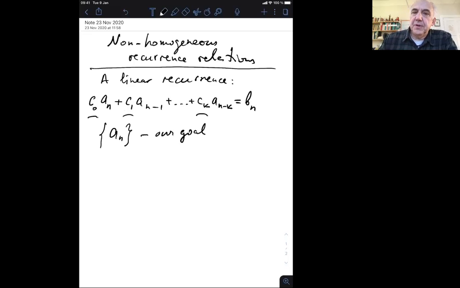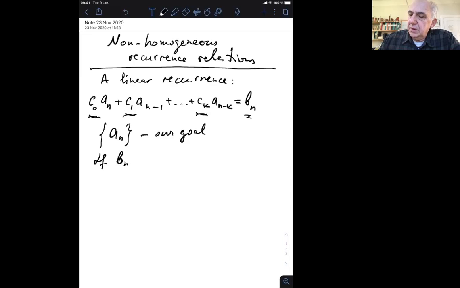In principle, those coefficients C can also depend on the index, but the easiest situation occurs when they are constant and independent of the index. Then we are talking about linear recurrences with constant coefficients. It's much easier if b depends on n, but for the coefficients C0 through Ck, it's much better if they are independent of the index.